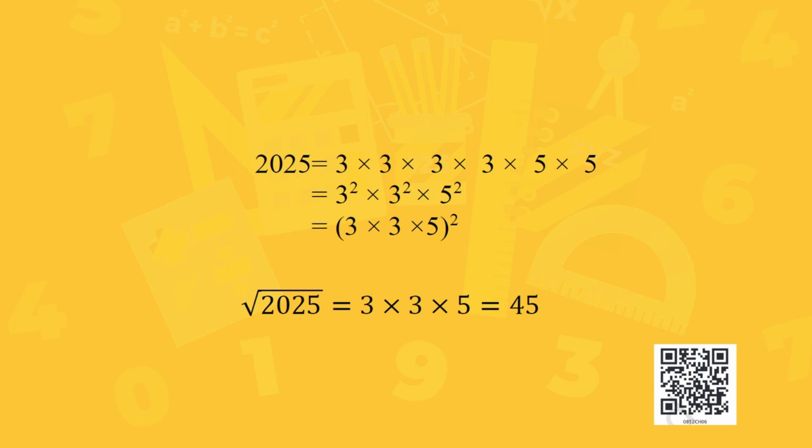So, now if we pair them, it becomes 3 square multiplied with 3 square multiplied with 5 square, which can be written as 3 times 3 times 5 whole square. So, therefore, we have obtained 2025 is equal to 3 times 3 times 5 whole square, which implies the square root of 2025 is equal to 3 times 3 times 5, which is equal to 45.